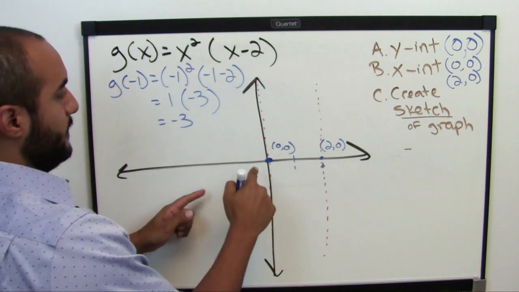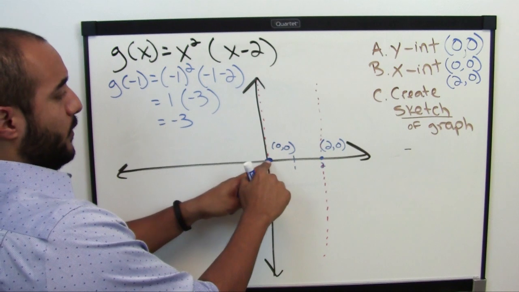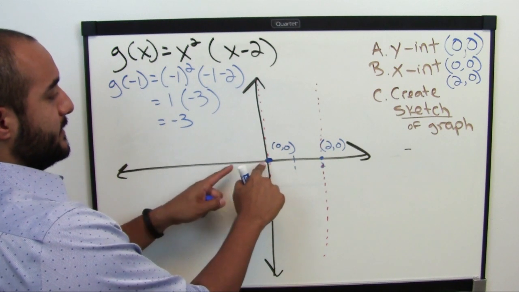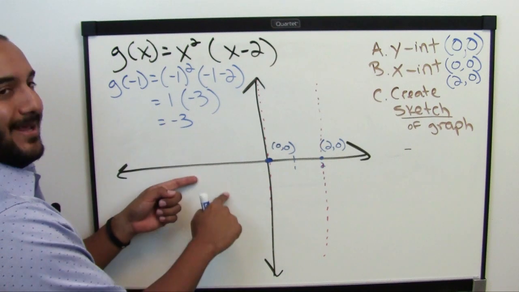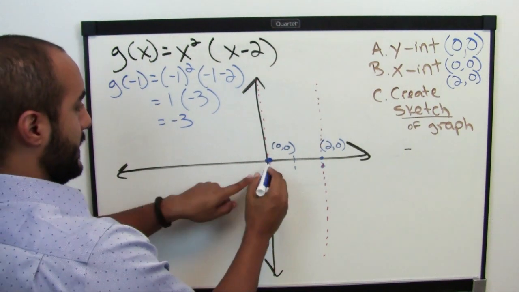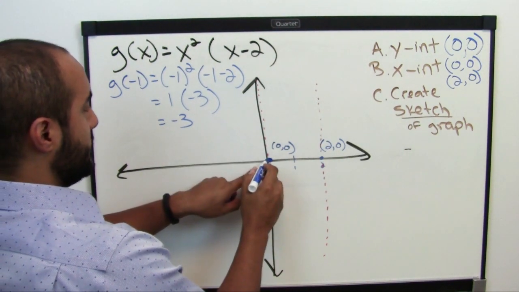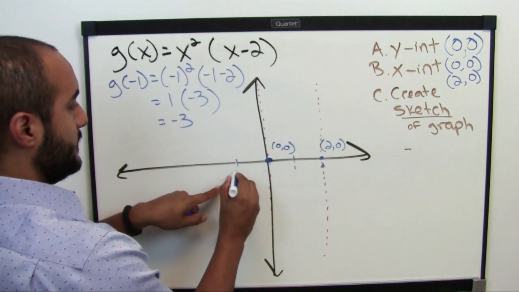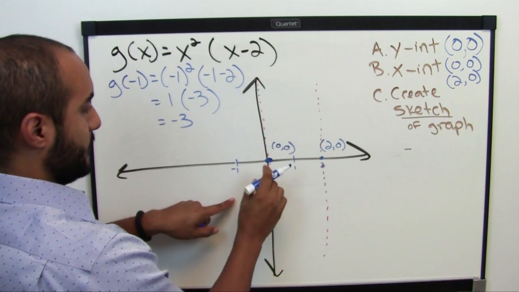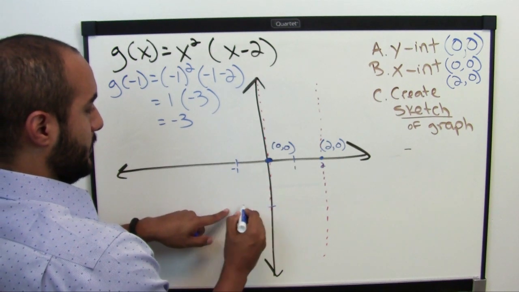So I know that when my x's are here, my y's are negative. So I'll use that point I just made, (-1, -3), which should be here.